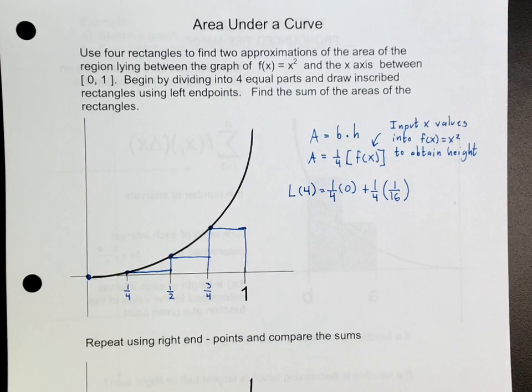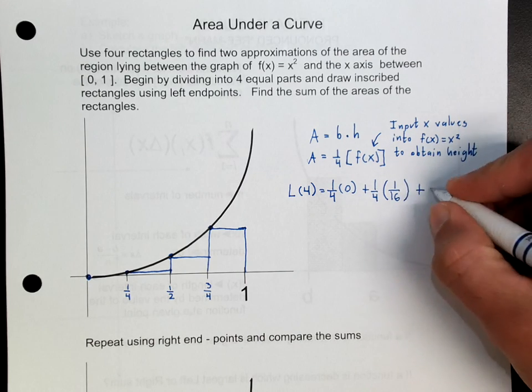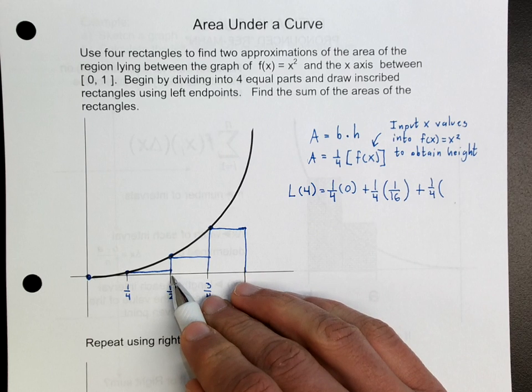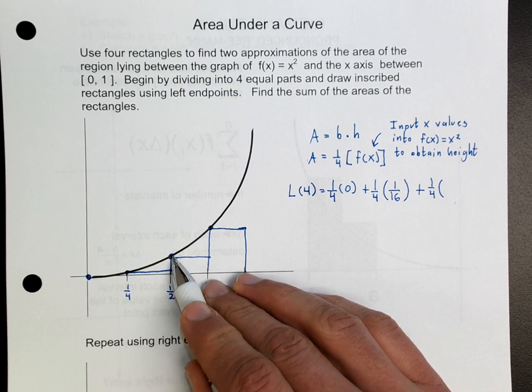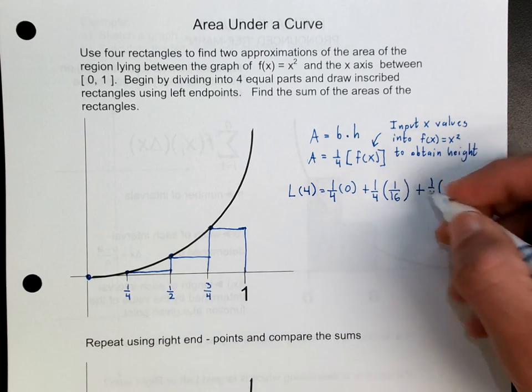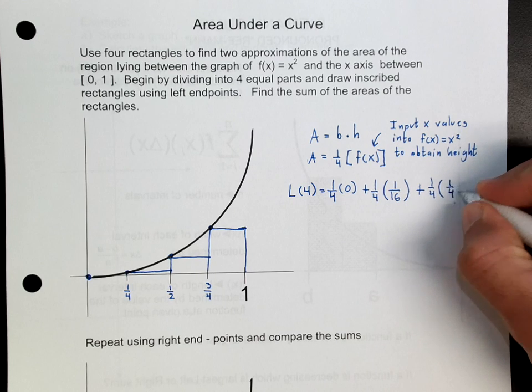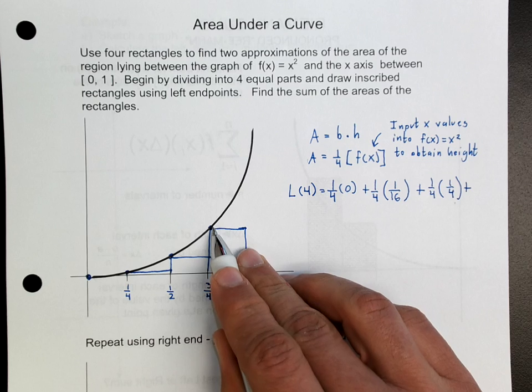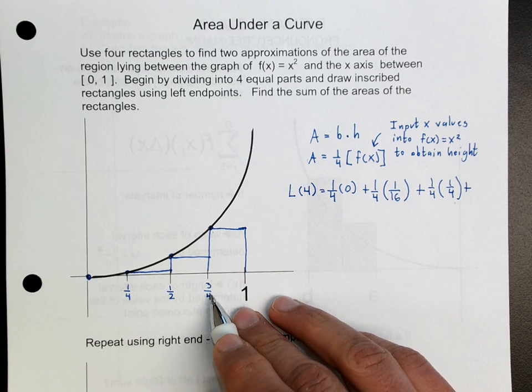Alright, now for the next couple it's the same thing. We have 1/4. The height of this rectangle right here would be 1/2 squared, which would be 1/4. And then finally, the height of this rectangle right here is going to be 3/4 squared.